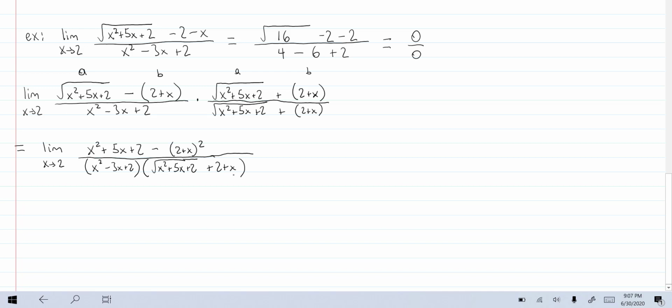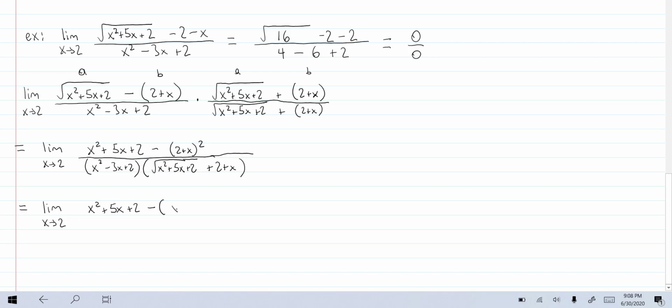So now we want to try to simplify a little bit. In particular, in my numerator, in order to simplify, I'm going to FOIL out this 2 plus x.